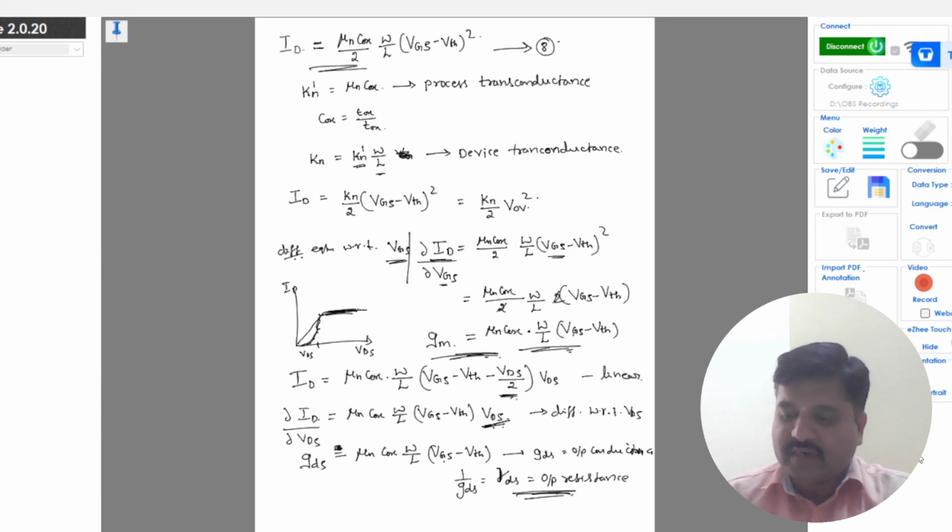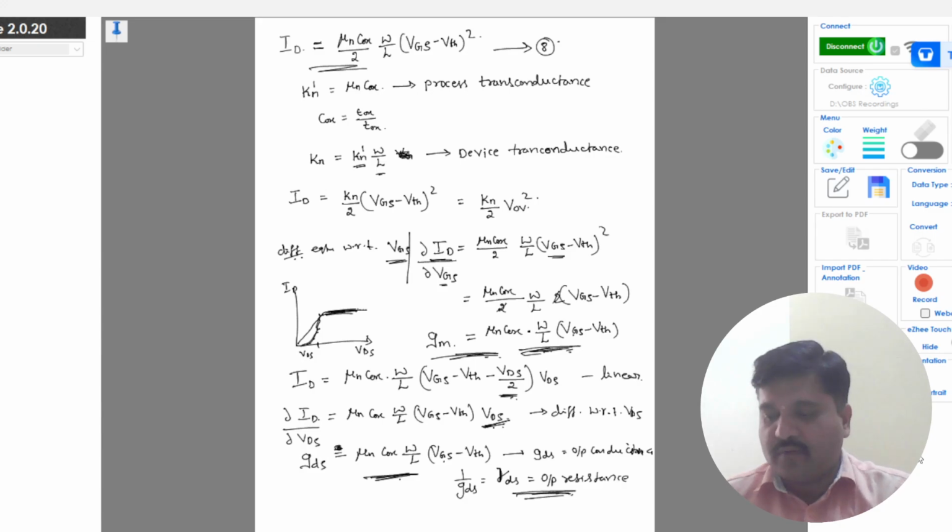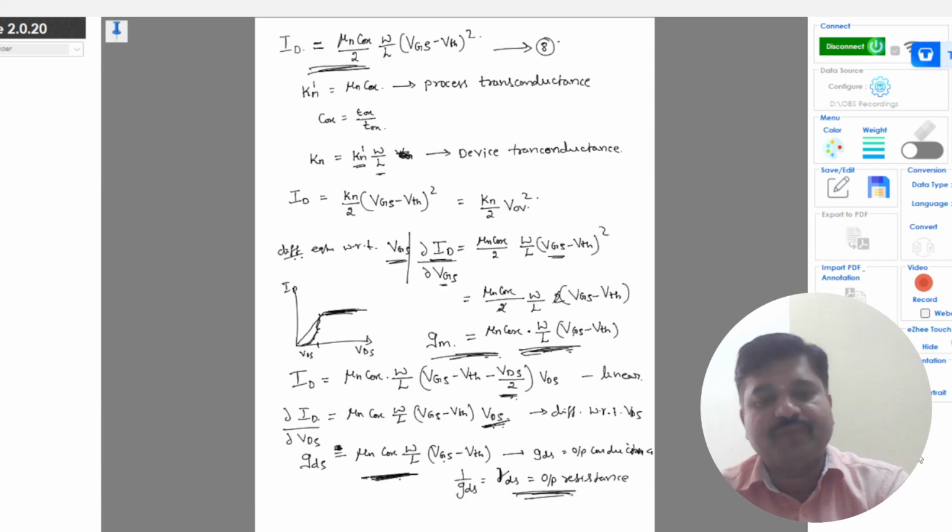The expression remains the same for both, but that doesn't mean that both are one and the same. Here the VDS value is very large, whereas there the VDS value is very small. Continuing the same equation, we will see the effect of the output voltage further to find the channel length modulation. That we will continue in the next class.